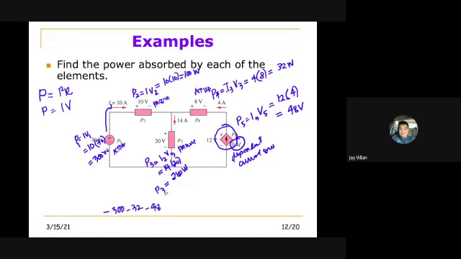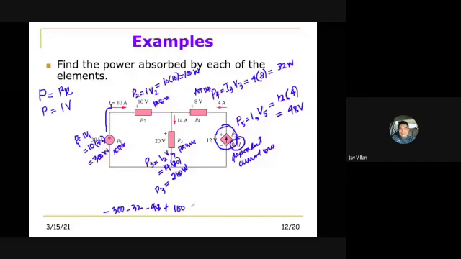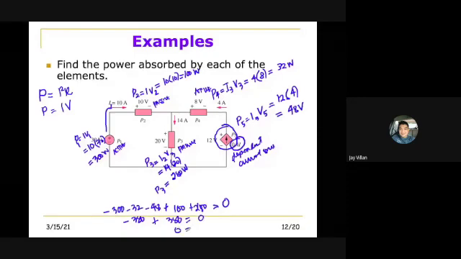Plus, passive is 100. Another passive here, plus 280. That's equal to 0. Ilan yun? 1, 2, 3, 4, 5. So this is how much? Correct. Minus 380 plus 380 is equal to 0. So 0 is equal to 0.